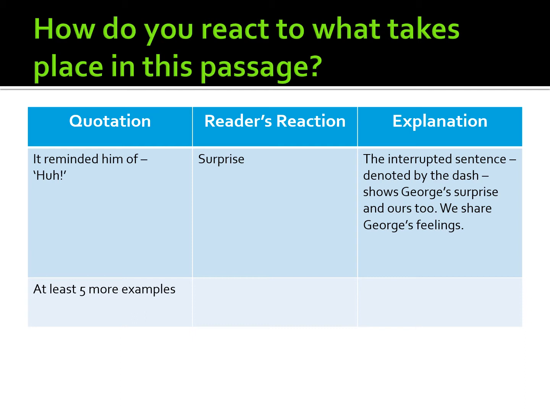My example is the quote, "it reminded him of, dash, her," and that reaction is surprise. The interrupted sentence denoted by the dash shows George's surprise and ours too. We share George's feelings. So that's my explanation of my reaction to that quotation.